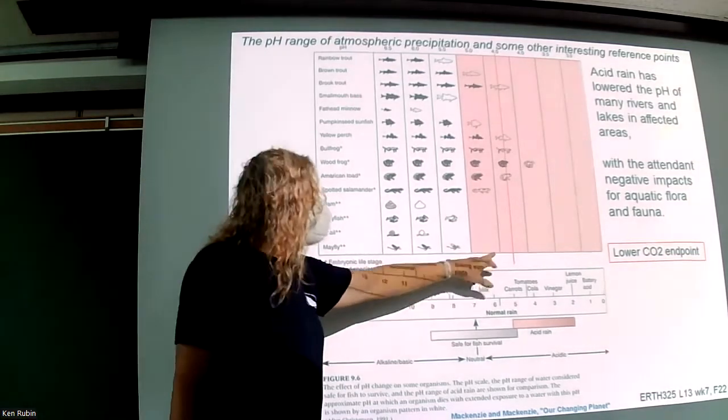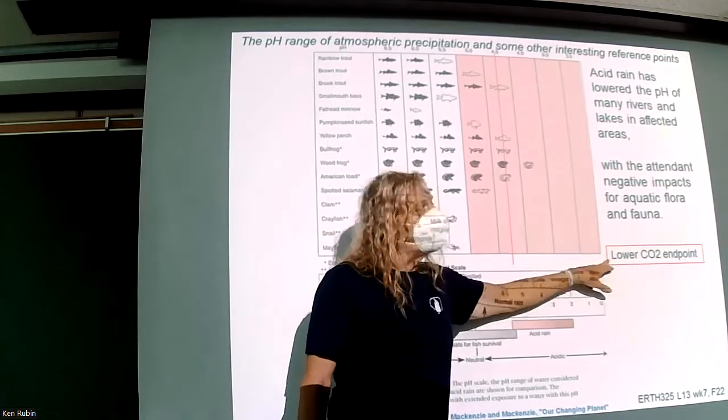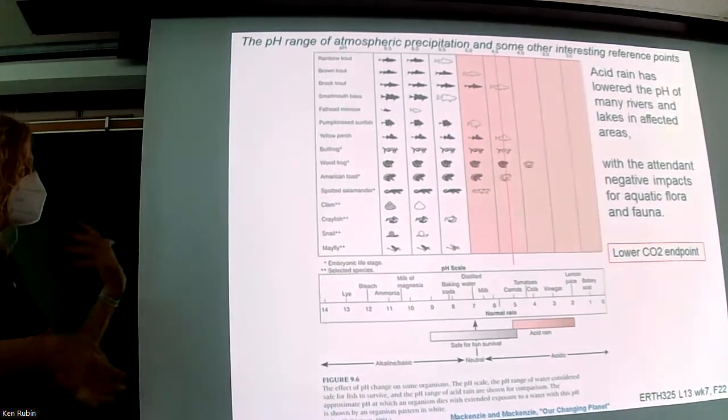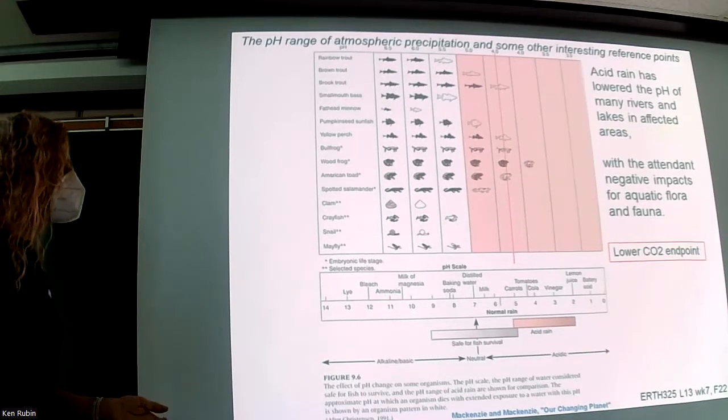And I've added this red line to the diagram, which is the lower CO2 endpoint. You can see how it basically chops off the diversity, the numbers of organisms in these ecosystems.